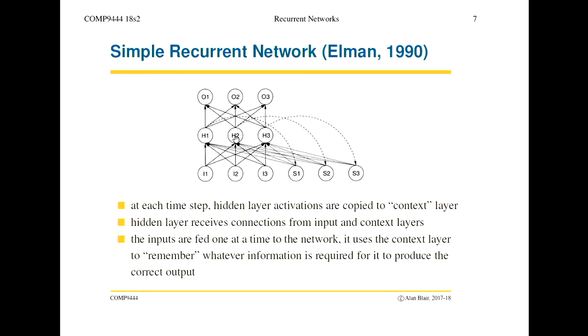So the first A is here, and then it's been copied down to here, and then those activations get multiplied by these weights, and these activations get multiplied by these weights, and they get added together. Does that make sense? So I think this picture probably gives a little bit more detail on what's actually going on.